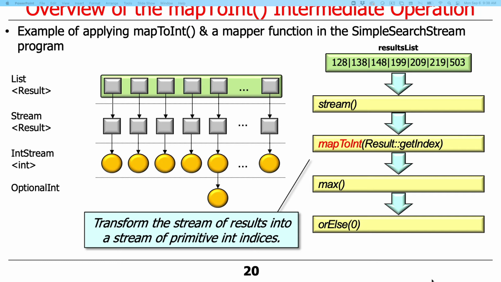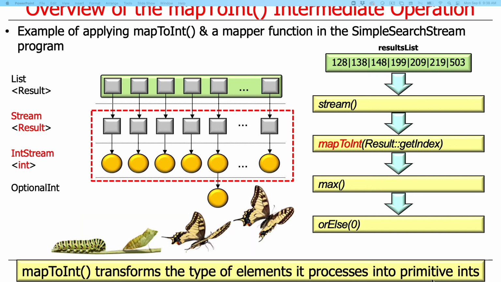And because we might not actually have a stream with any elements in it whatsoever, in this case we do, but in general we might not, max might be working on an empty stream, in which case what would it return? Well, what it returns is something called an optional. And we'll talk about that in a second when we look at the code example.